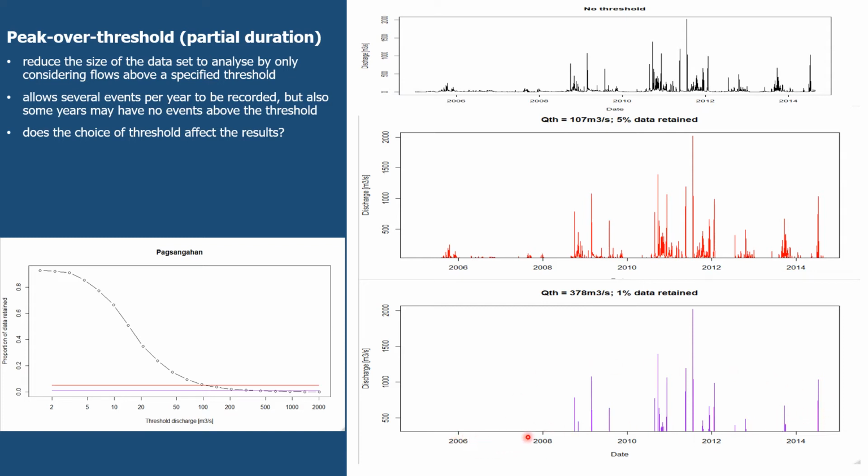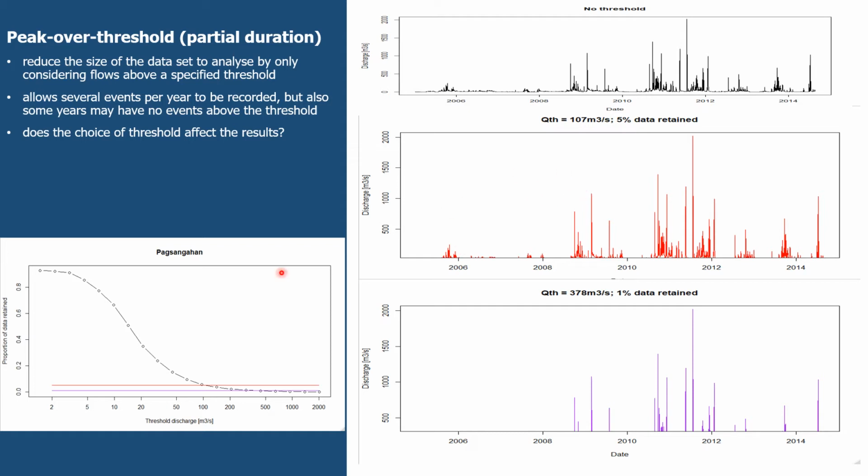We get no events at all in 2006, 2007, a few events in 2008, 2009, a bit of a cluster in 2011, some big events in 12, 13, and then events becoming a bit sparser. This maybe tells us quite a lot about the sequencing of floods in this river. It implies a certain degree of clustering of floods in this period and a drier period here.